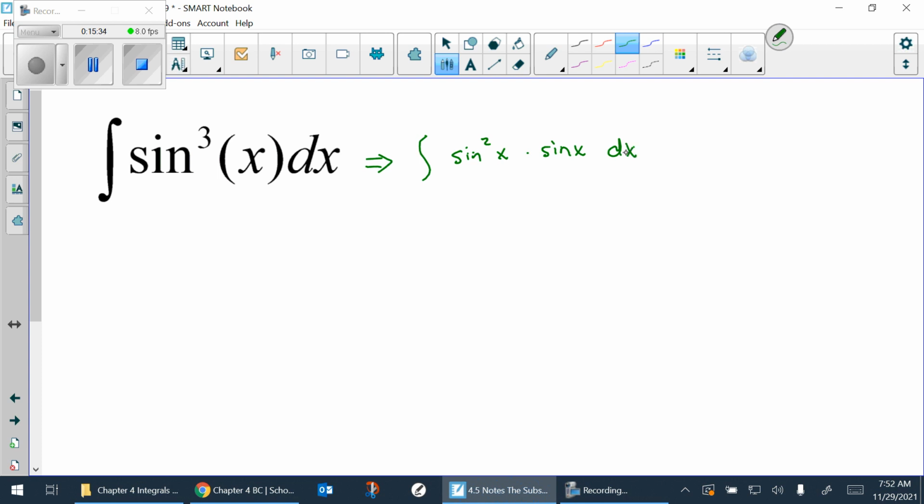Well, why do you do that? Because I know that sine squared plus cosine squared is equal to 1. And so sine squared is equal to 1 minus cosine squared. I can rewrite this as 1 minus cosine squared.